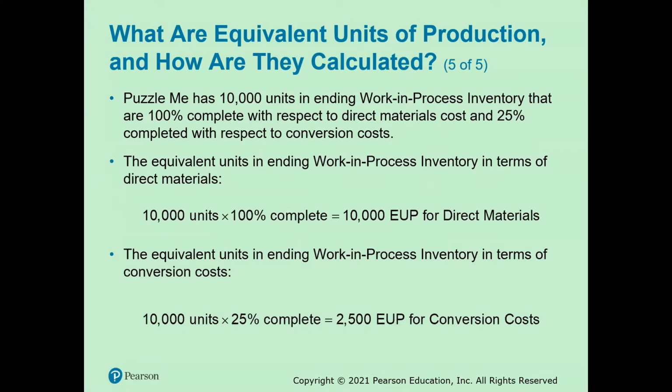So Puzzle Me ended the accounting period with 10,000 units in the assembly department's work in process inventory. The 10,000 units were 100% complete for direct materials and 25% complete for conversion. In terms of equivalent units of production, the 10,000 partially completed units are equal to 10,000 EUP for direct materials and 2,500 EUP for conversion costs.